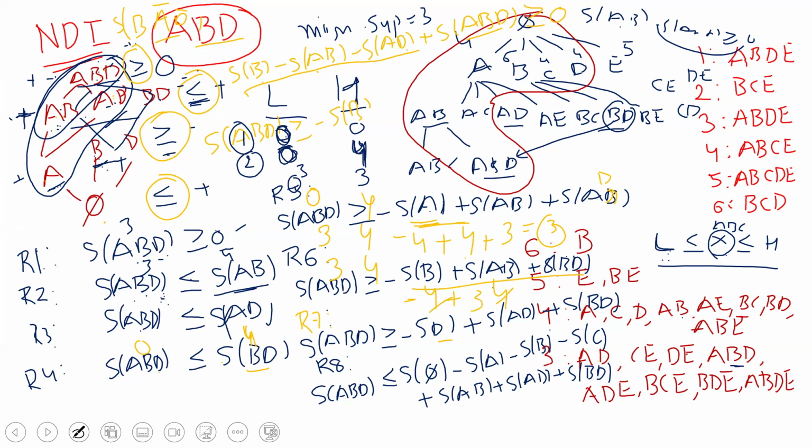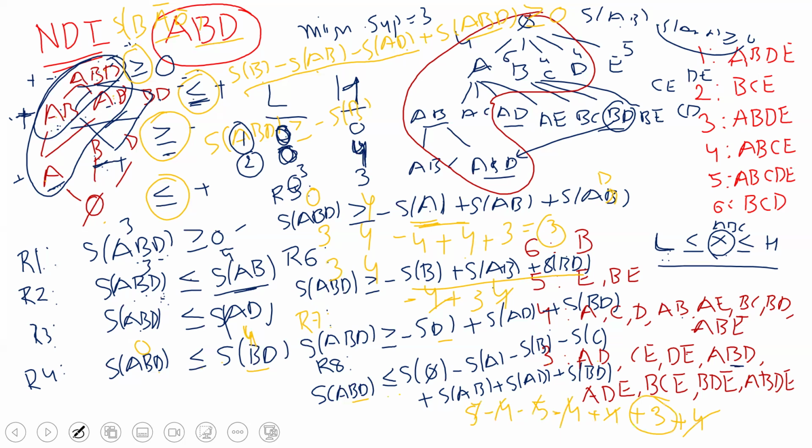A, B, C, D, E. 5 items. 5 is the support of pi, minus S of A is 4, minus S of B is 5, minus S of C is 4, plus S of AB is 4, plus S of AD is 3, plus S of BD. S of BD is 4. Right? We got this. Cancel these two. Cancel these two. Now we got the lower bound as 3, upper bound as 3.